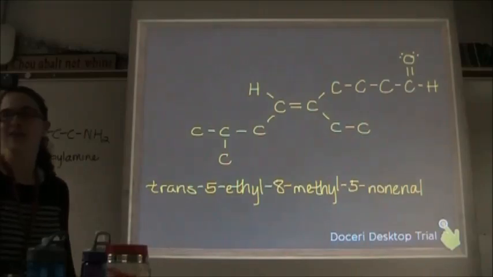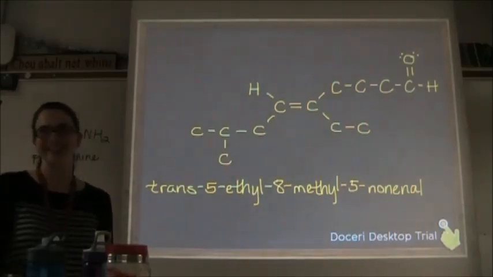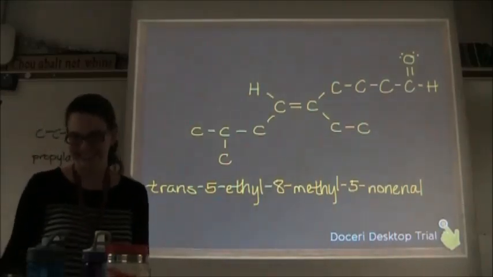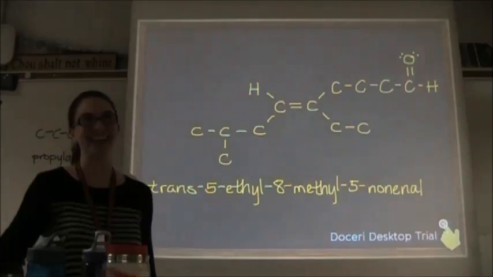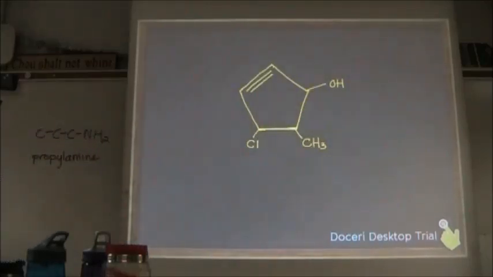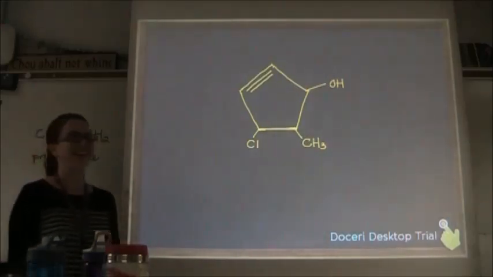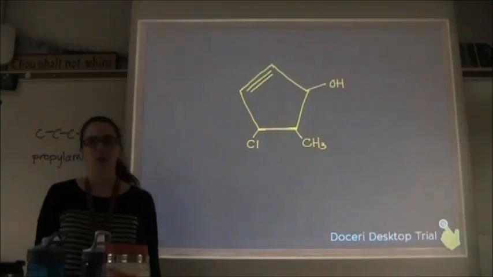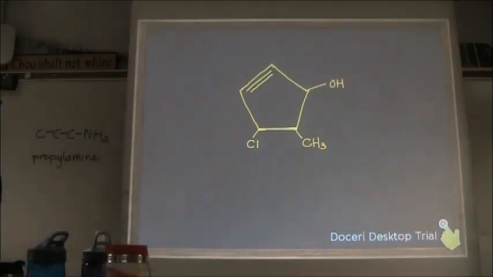All right, are you ready for the last one? This one's my favorite. It's actually really cool. Maybe like 2 X's. Wow! Oh. What? What is happening? Ooh, it's a cyclic molecule.